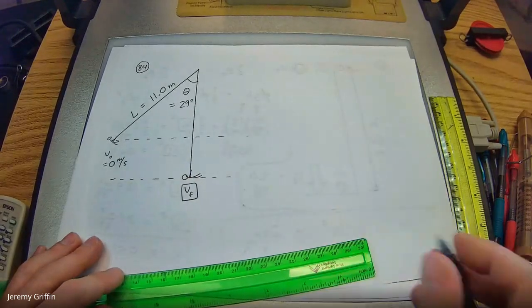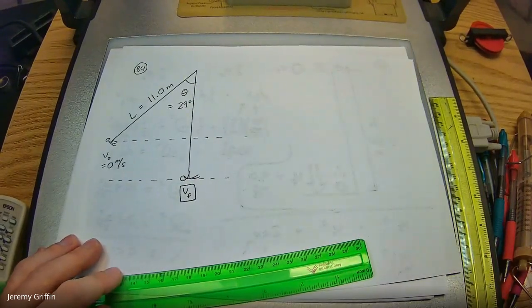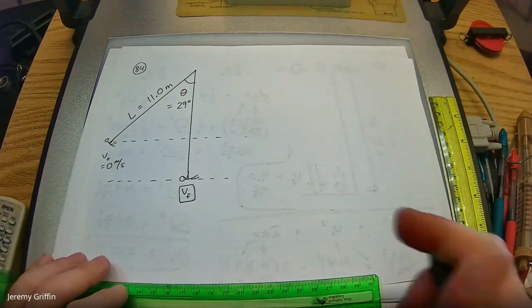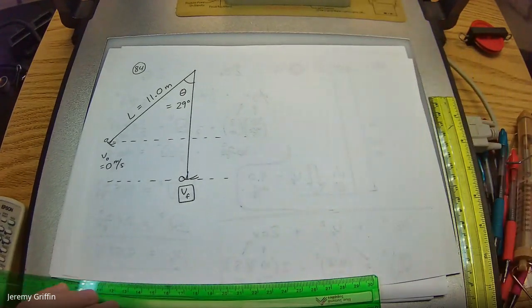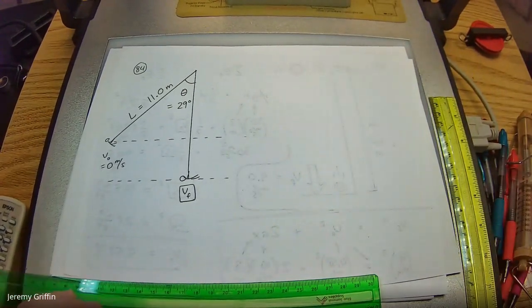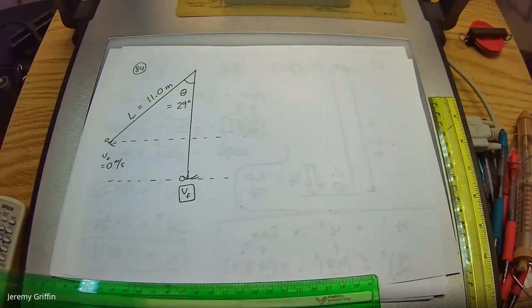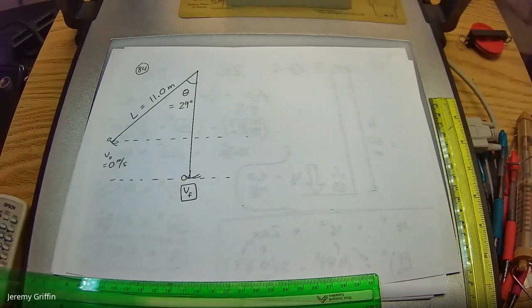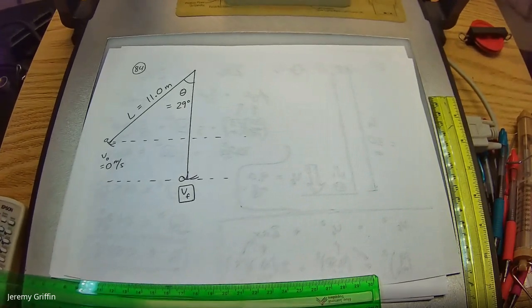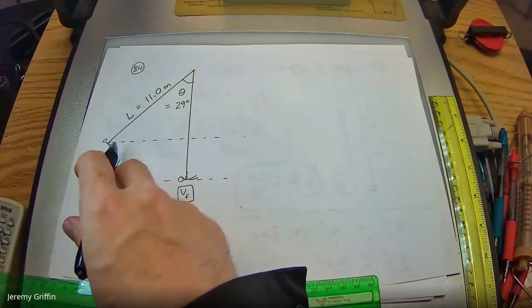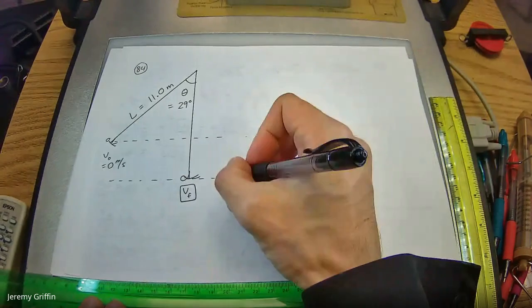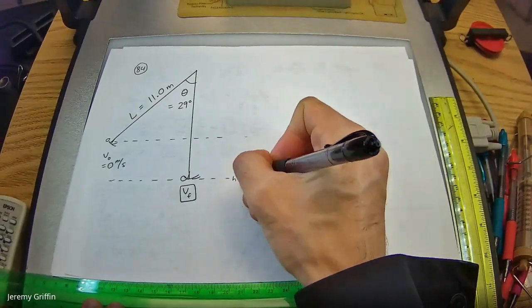That's what we're solving for. If you know the gravity field is about 10 meters per second squared, then there's enough information to solve this. Notice they did not give you the mass of the chimp, but that would cancel out anyway. You've probably seen enough of these so you could guess what's going to happen. We're just going from potential energy to kinetic energy. So height equals zero at that one.